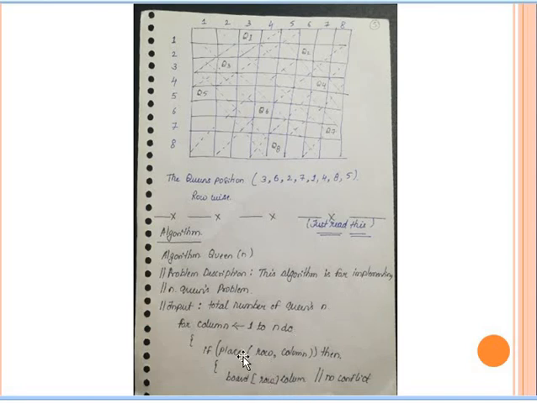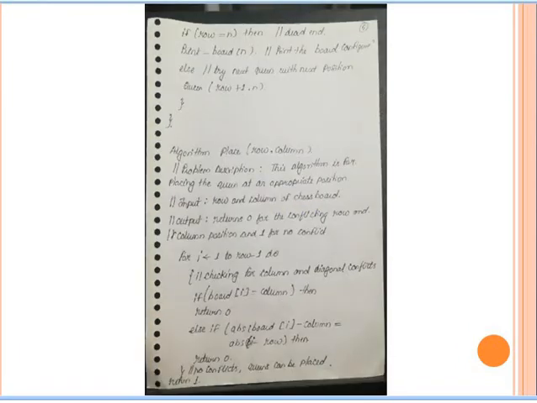We go row wise, placing one queen in a row, and if things conflict, we backtrack the solution. If we reach a dead end, we backtrack, redefining the position of the previous queen so that the next queen can be placed at the correct place.